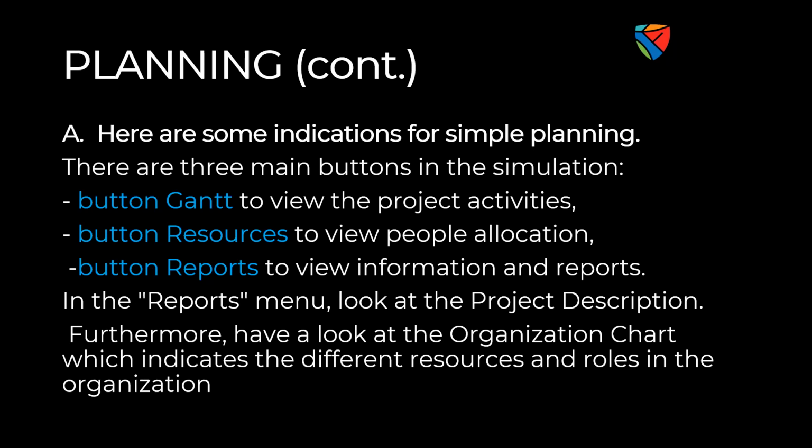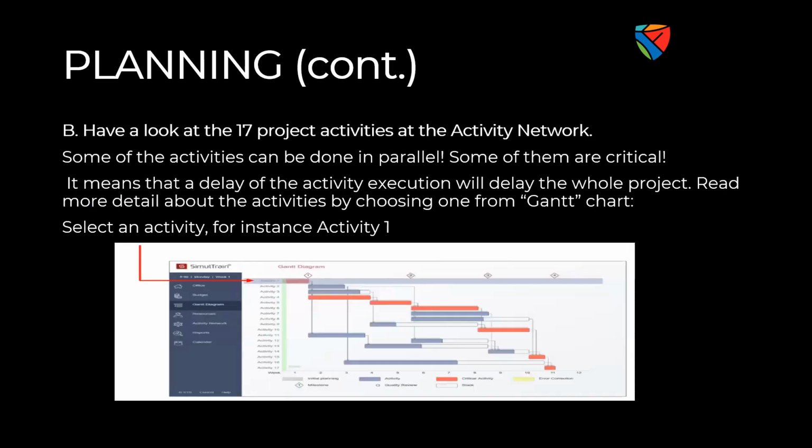So in the reports menu, look at the project description. Furthermore, have a look at the organization chart, which indicates the different resources and roles in the organization. And we have to look at the 17 project activities in the activity network. Some of the activities can be done in parallel. Some of them are critical. You understand critical activities?